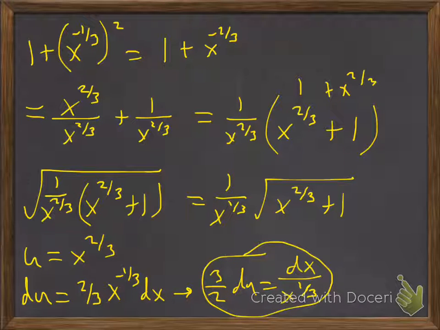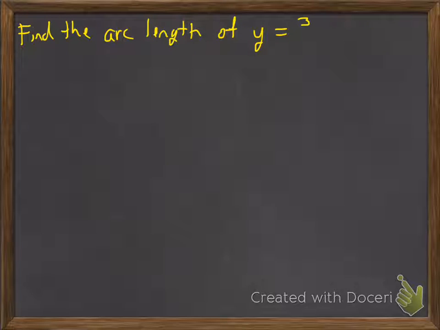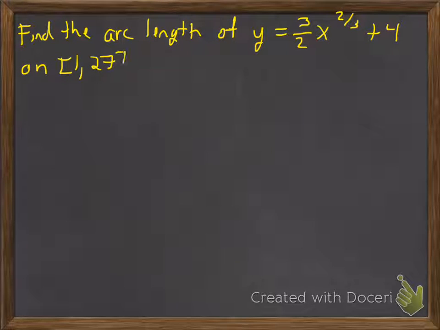Okay. So on the next slide, we're going to get going on finding the arc length of a particular problem. We're going to find the arc length of y = (3/2)x^(2/3) + 4, on the closed interval from 1 to 27. So this is going to be continuously differentiable.